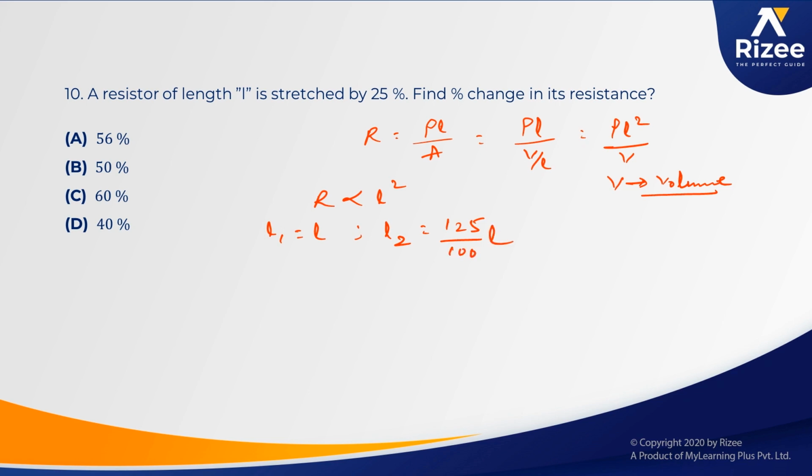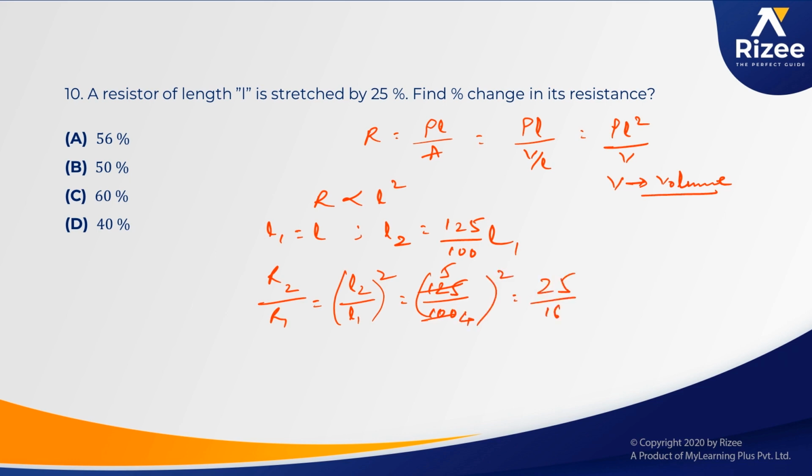Now if I substitute these in this, R2 by R1 can be written as L2 by L1 whole square. L2 by L1 is 125 by 100, which is 5 by 4, whole square, that is equal to 25 by 16.